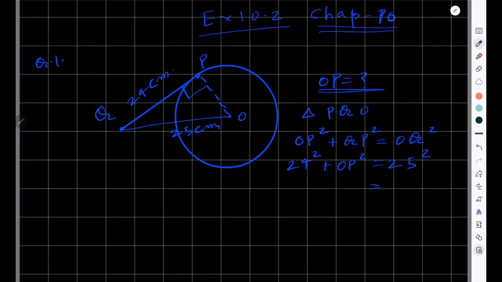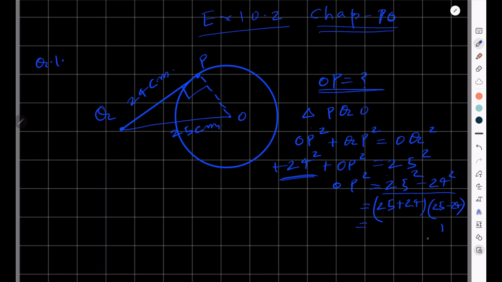Here we will transfer the plus 24 squared to this side, so that we don't have to do lots of calculations. It's a smart way. Here you can see this is a square minus b square, and the formula is a plus b into a minus b.